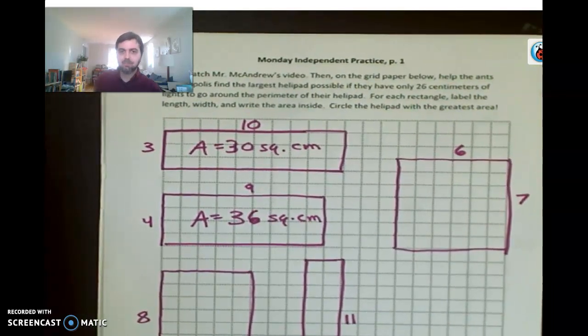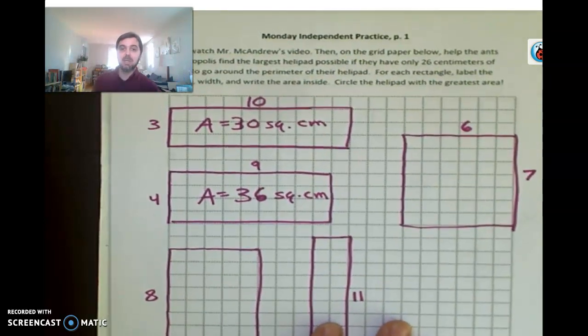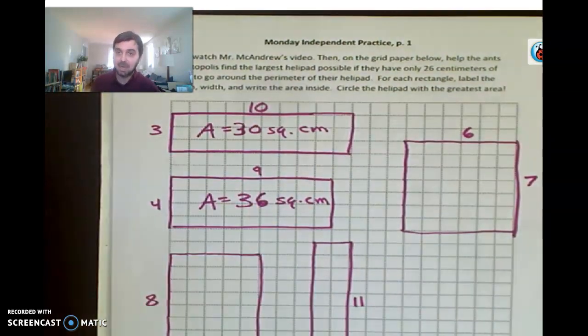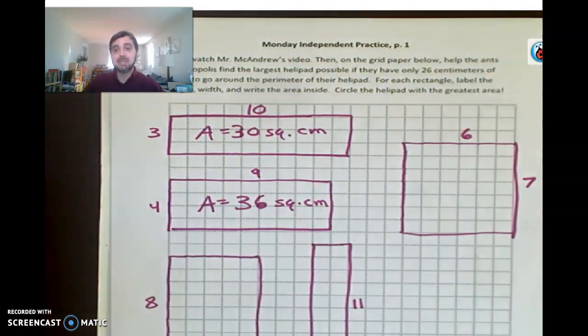The object here was to help the ants of Antopolis find a helipad as big as possible if they had only 26 centimeters of light to go around it. That means the perimeter. I found one that was 10 by 3 because 10 plus 3 is 13, and if I double 13, I get 26. Why double 13?